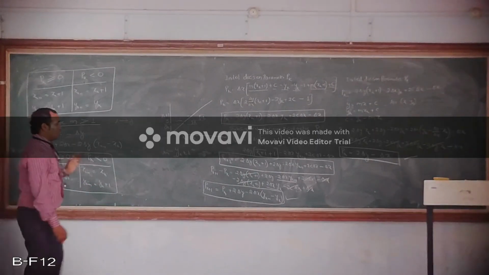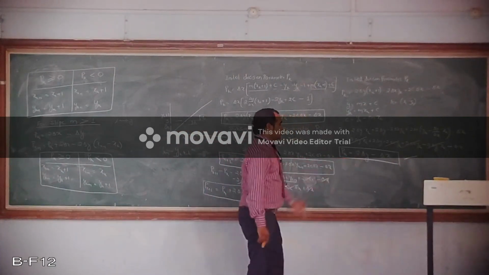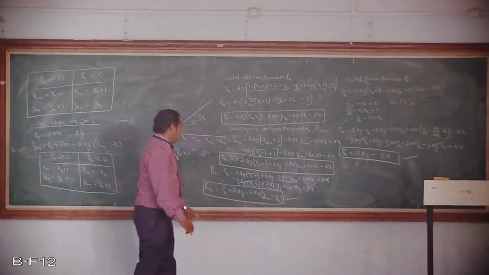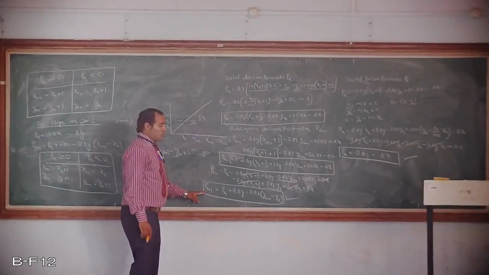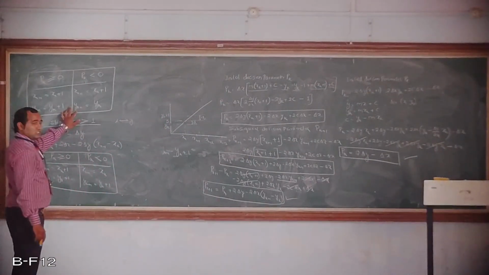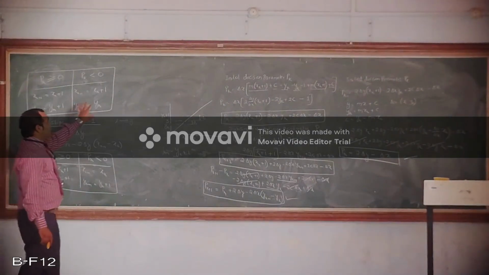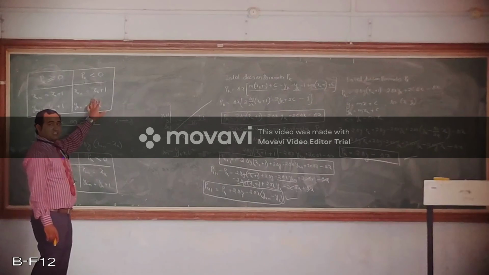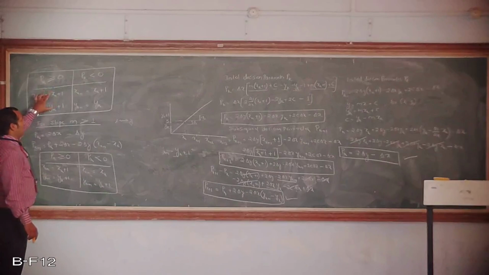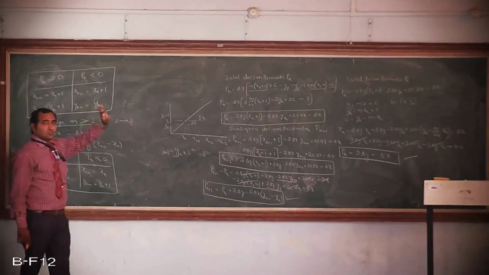While solving the problems, I need to remember if the slope is less than 1, I need to use this formula. Pk is equal to 2 delta y minus delta x, and the subsequent decision parameter as this formula, and the conditions required to solve the problem will be this. If the decision parameter is greater than or equal to 0, or if the decision parameter is less than 0, what will be its next x and y coordinate?